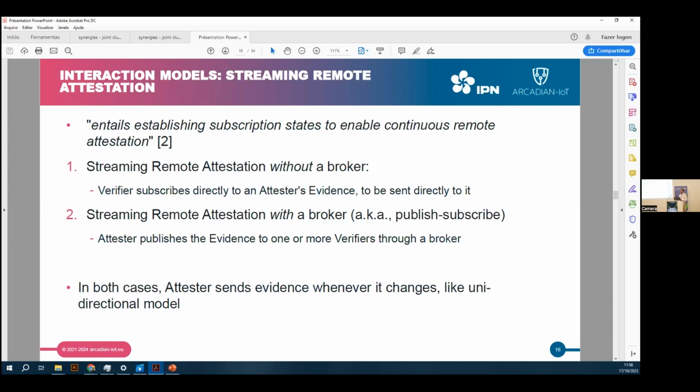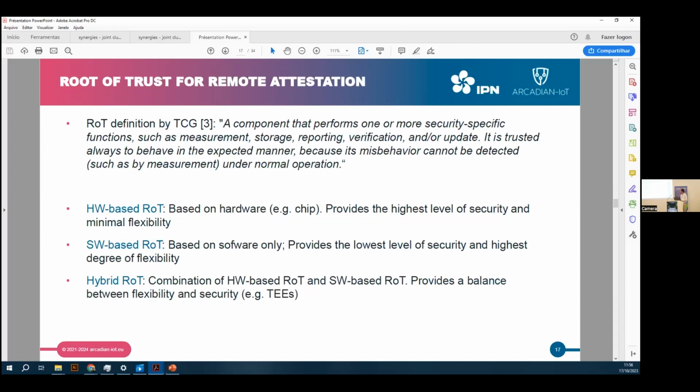So finally, to conclude the concepts part, it is significantly important to refer to the root of trust, right? Root of trust is, well, let's not use my words, but according to TCG, it can be defined as a component that performs one or more security-specific functions, such as measurement, storage, reporting, or verification, among others, and it is trusted to always behave in the expected manner because its misbehavior cannot be detected under normal operation.